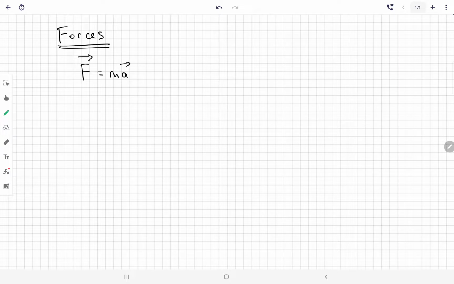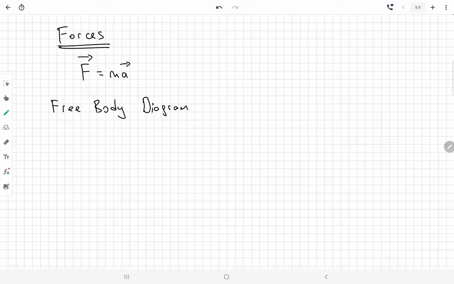In order to make problem solving simple, we introduce the free body diagram. Maybe you heard about it, the free body diagram. So what is this free body diagram?